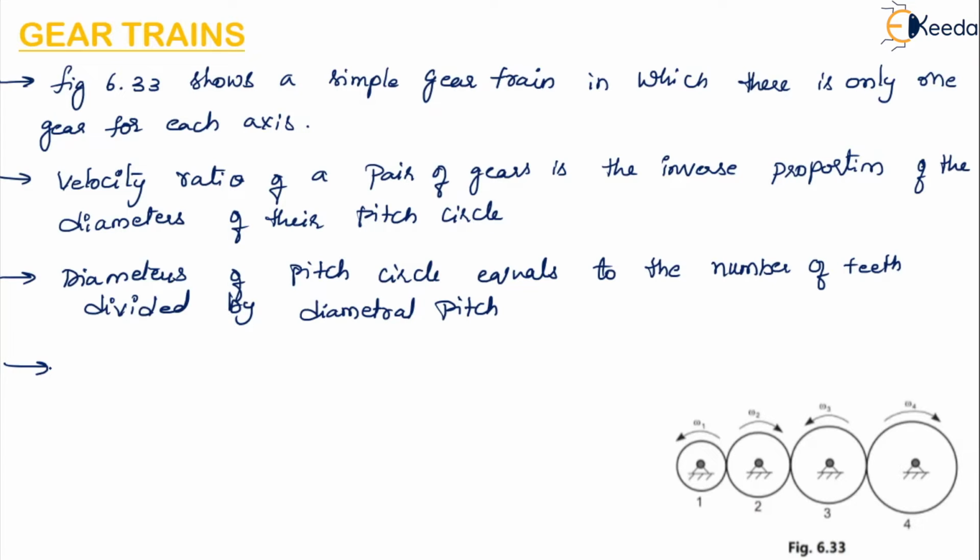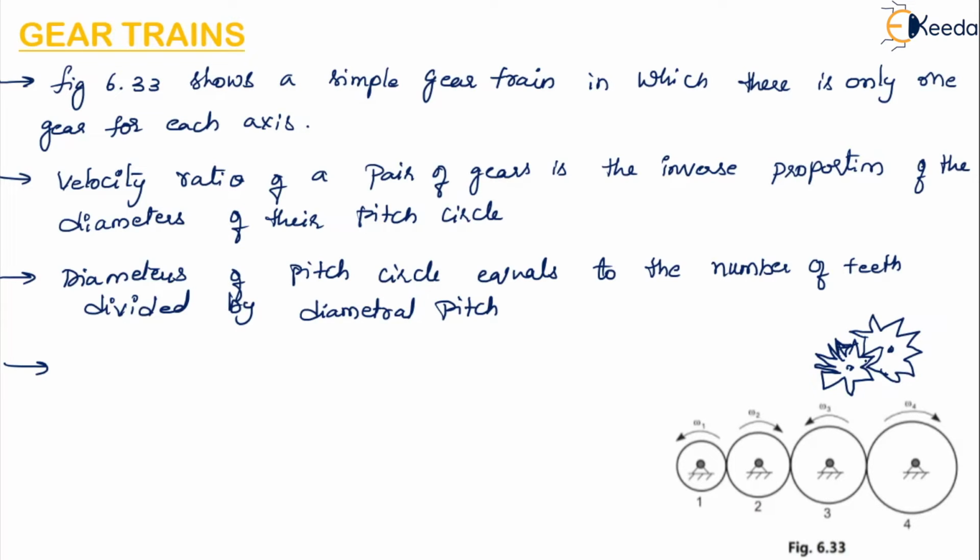So it is necessary for two mating gears to have the same diametral pitch to satisfy the condition of correct meshing. If this is one tooth, and this is the other tooth, they are meshing with each other.